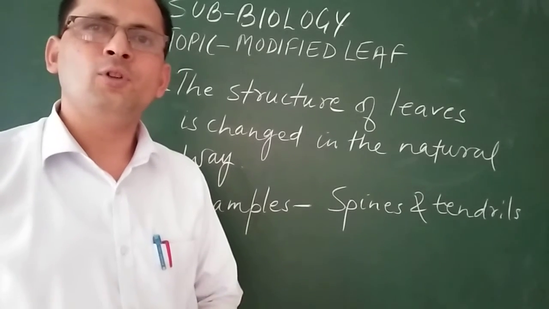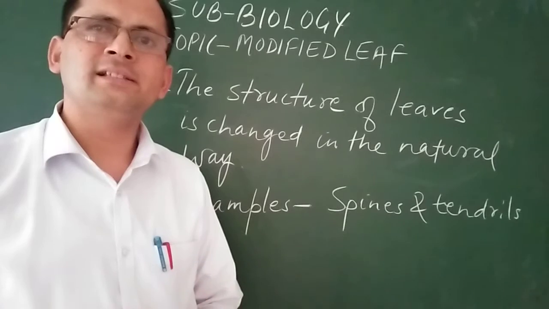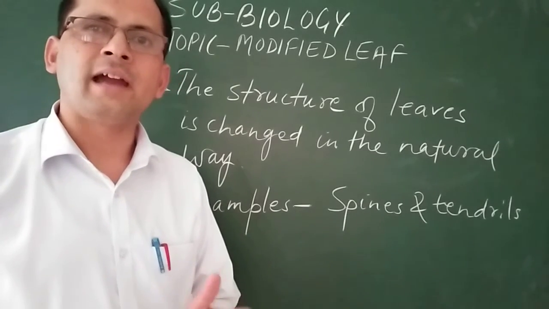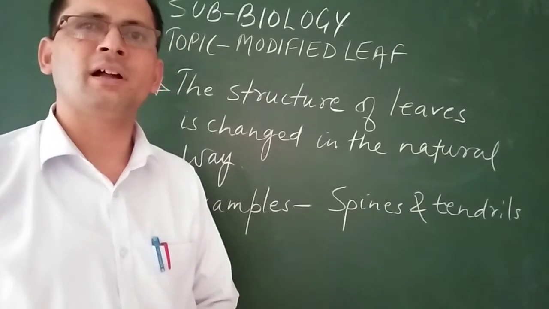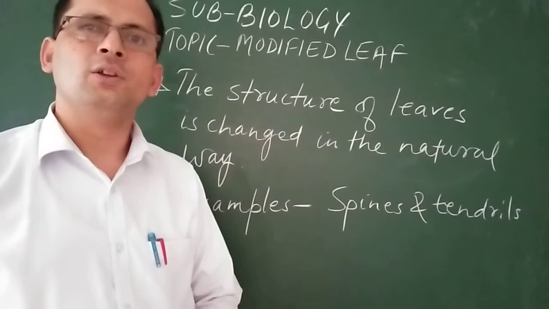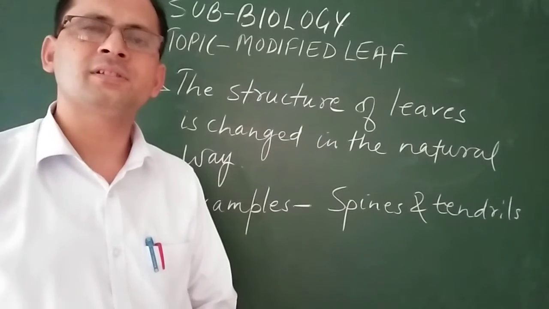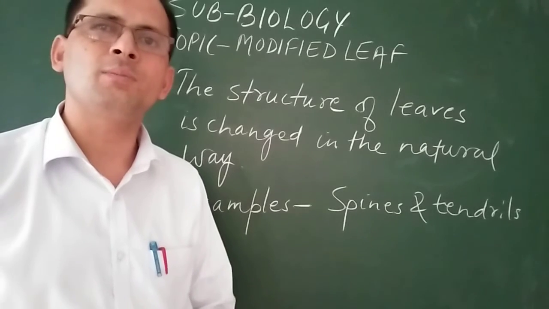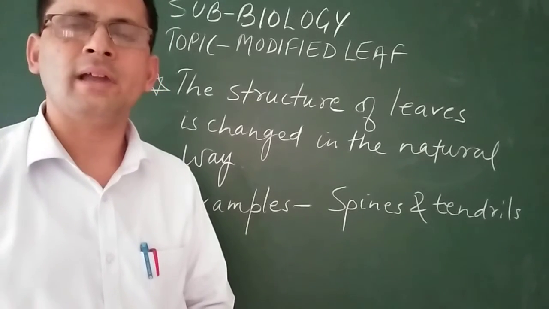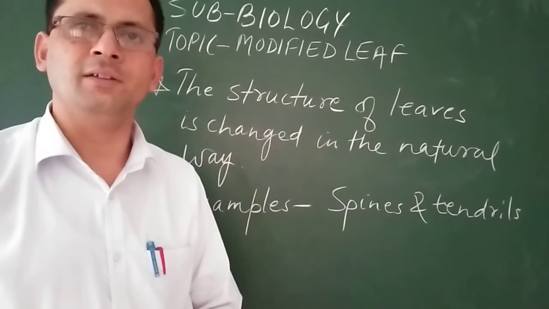If you have not seen, you can see the plant of pea or the cactus plant. In these plants you will find modifications. You will find that the leaves have naturally changed into some other structures. Such structures are known as modified leaves.